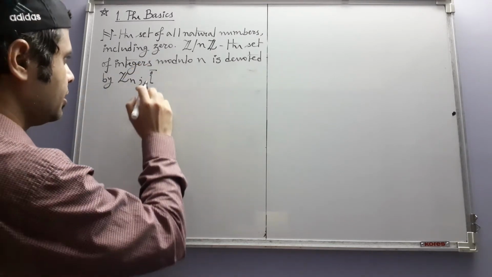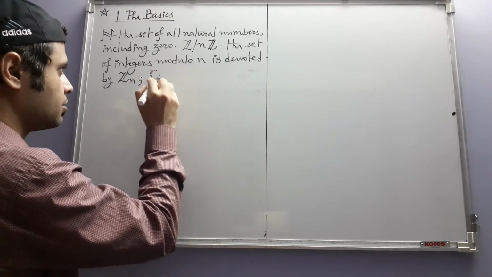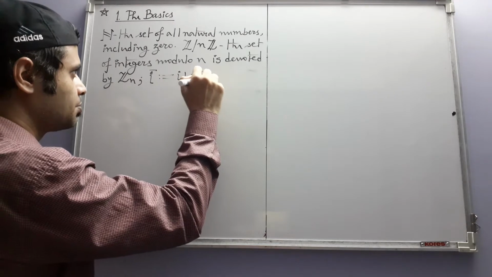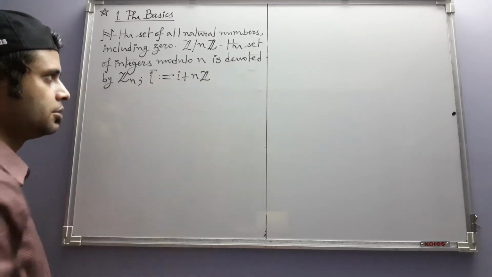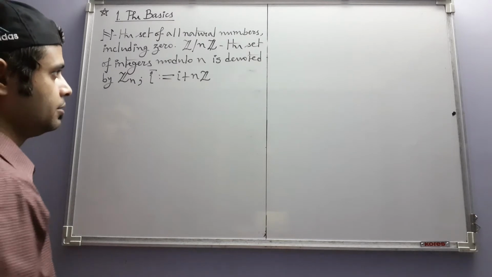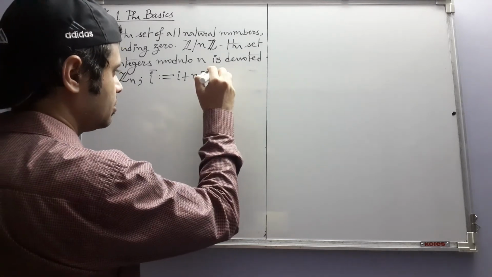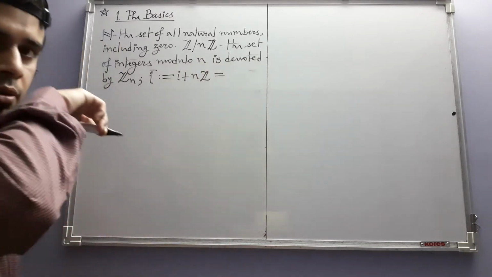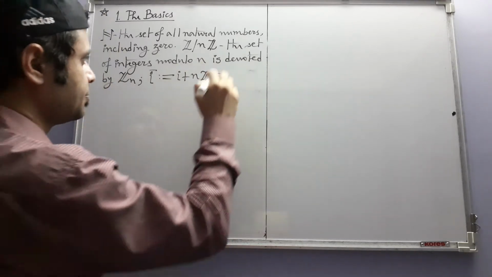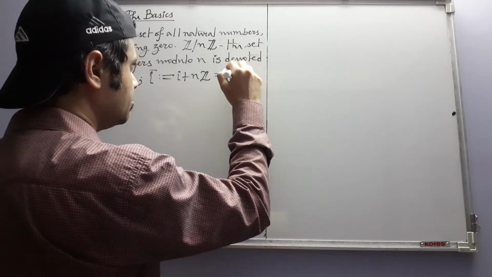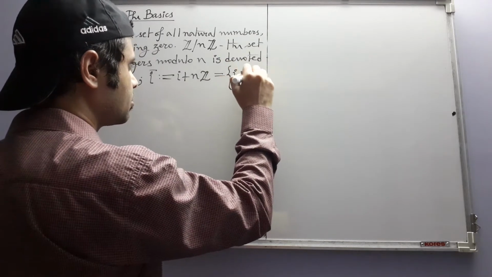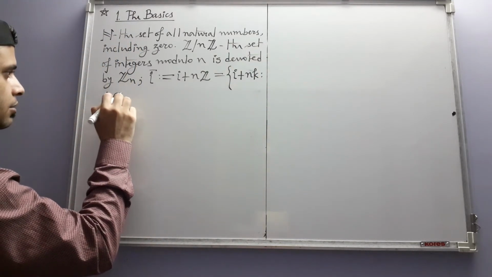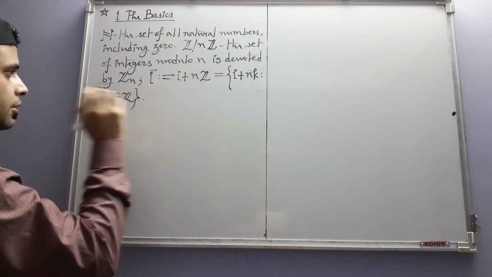And the elements in this set are denoted by the symbol i bar, where i is an ordinary integer, and by definition i bar is this congruence class i plus nZ, and by definition this is the coset of the subgroup nZ in the additive group of integers, which equals this set of nk, where k is an integer.